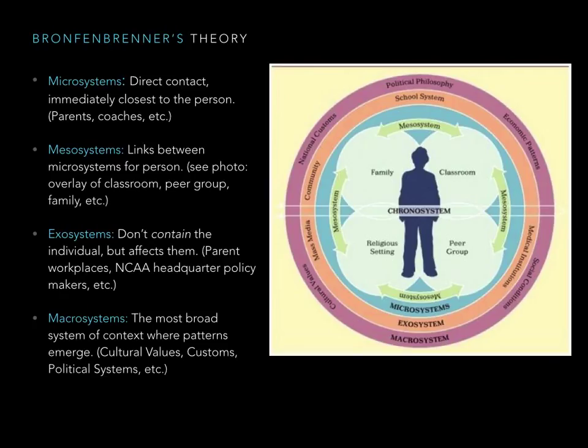The next part is exosystems, and there's a really good example in the book of the student who's on the sports team. Exosystems are those systems that don't contain the individual directly, but still affect that individual. The athlete in the book is really affected by the decisions of the NCAA. All of the policies the NCAA makes affect that student, but that student most likely has never met anybody who works at the NCAA.